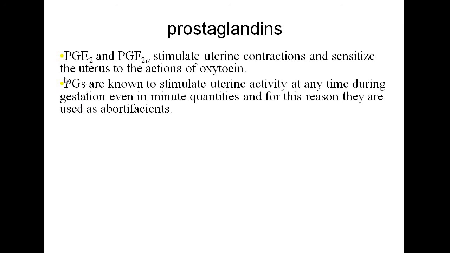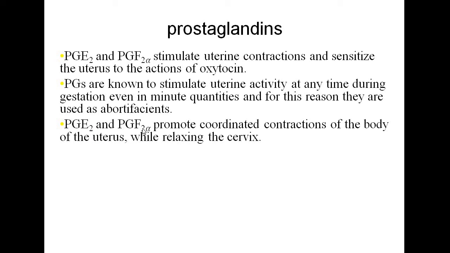Now, the difference between prostaglandins and oxytocin is, with oxytocin, as pregnancy progresses, the sensitivity of the uterus to oxytocin increases. Whereas with prostaglandins, irrespective of the duration of pregnancy, even small or minute quantities of prostaglandins cause uterine contractions. And this is the reason they are used as abortifacients, that is, termination of pregnancy before completion of term.